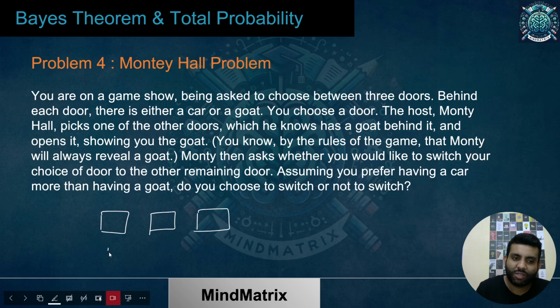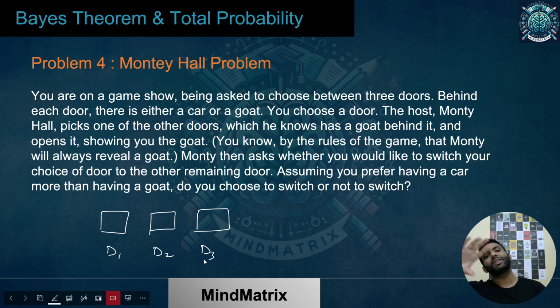So let's suppose this is D1, this is D2, this is D3. Okay. So you know the rules. You are a smart guy. You know the rules. You will be picking up a door. The host will show you some door which will have a goat behind it. What will be happening? You will pick up a door and the host will show you the other two doors.